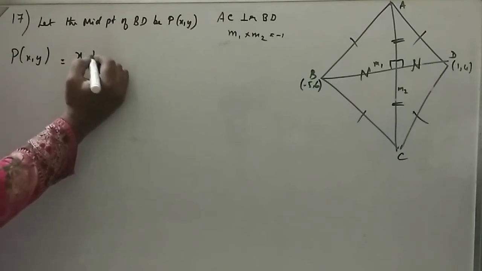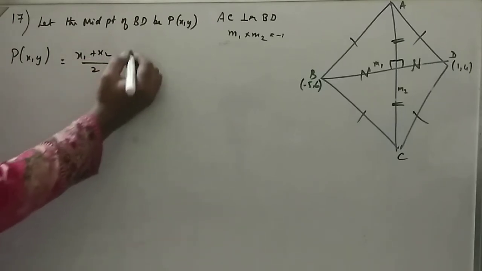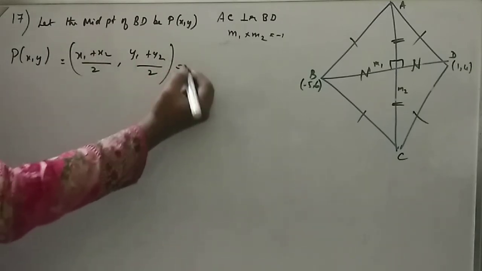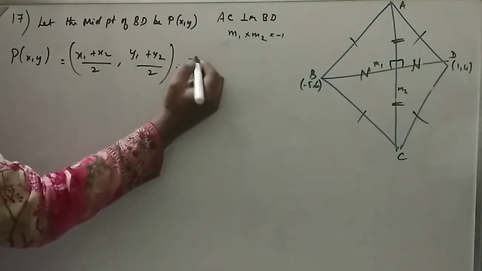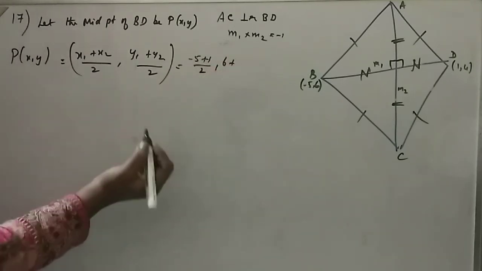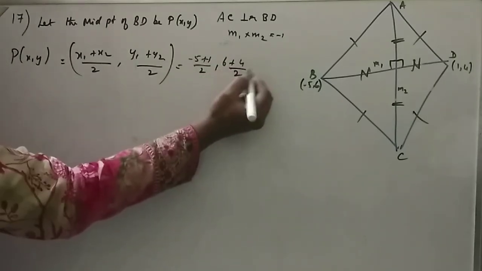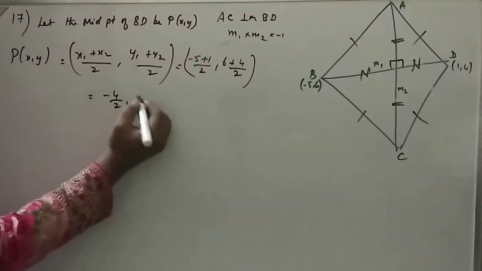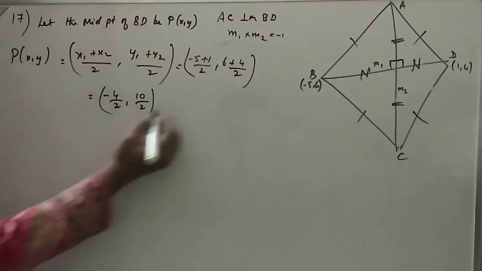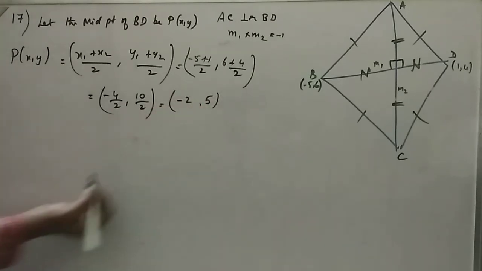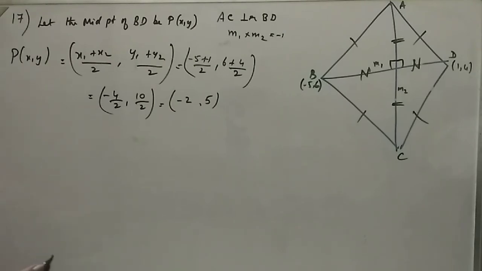Applying the formula x1 plus x2 upon 2, y1 plus y2 upon 2. That is equal to minus 5 plus 1 upon 2 and 6 plus 4 upon 2. So you will get minus 4 upon 2 and 10 upon 2. That is minus 2 and 5. What is the midpoint? Minus 2 and 5.